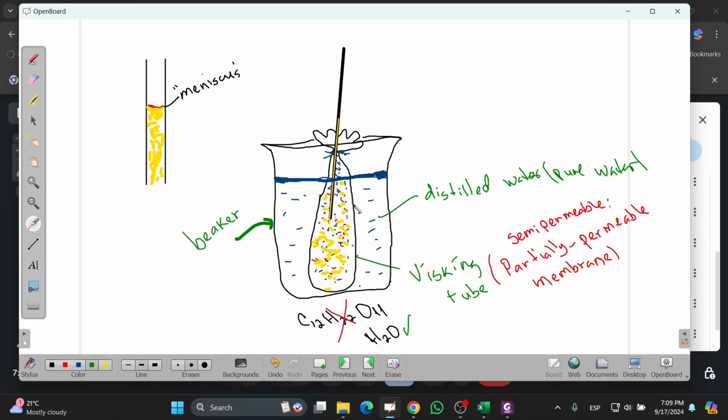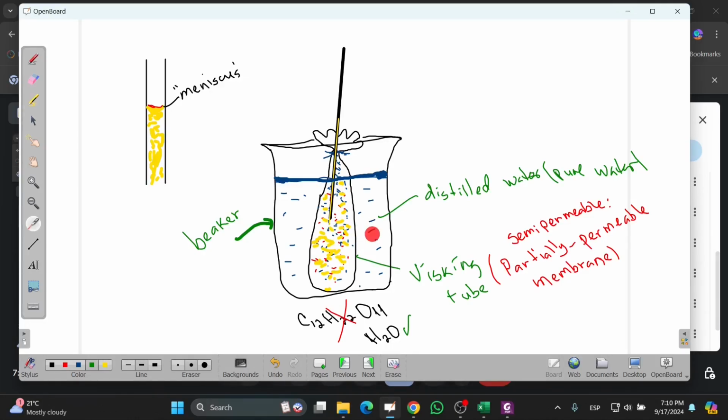Now the question here is, in which direction will the water molecules move at a greater rate? Actually, they will be moving in both directions, but they will do it at a faster rate in one direction. What direction will that be? Well, water molecules move through a semi-permeable membrane always in the direction in which there is less water, or where it is more solute concentrated.